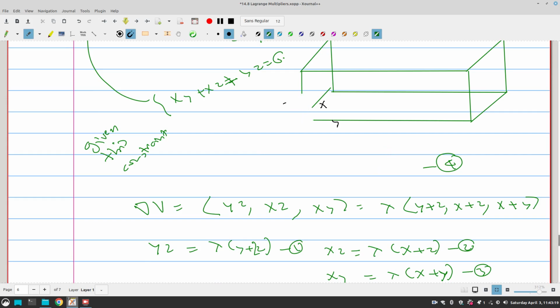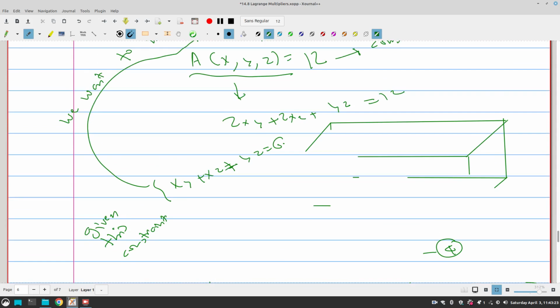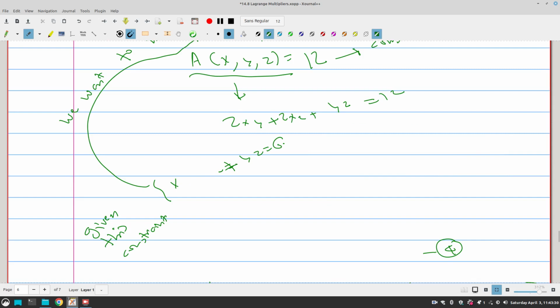Right. So forget about the box. I thought it'd be 2xy plus 2y. Forget about the box. The constraint is as given, right? I thought it was a typo in the book. No, it's not a typo. This is 2xy plus 2yz plus xy equals 12.